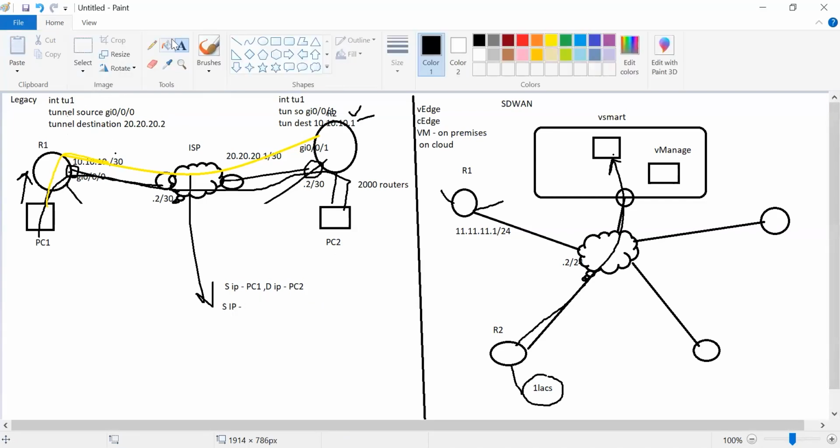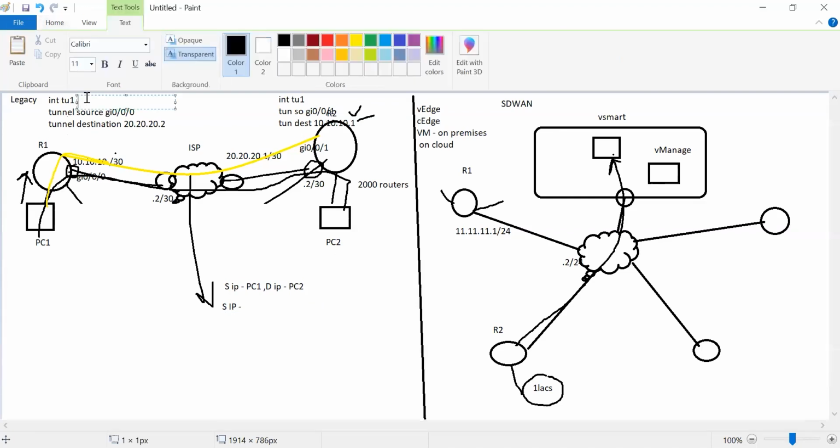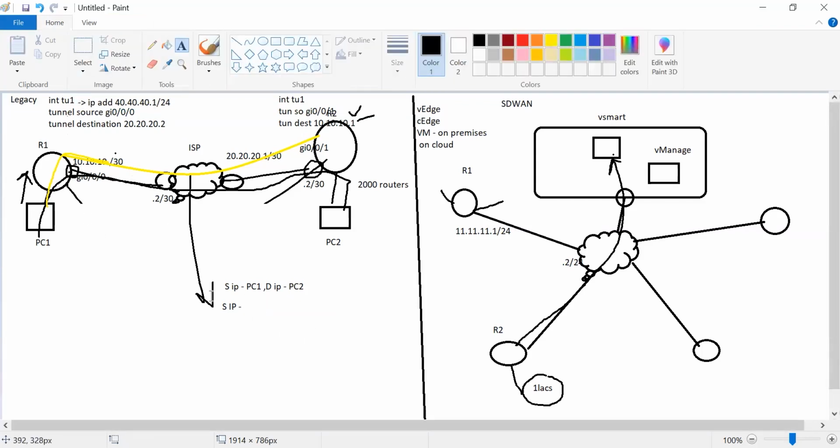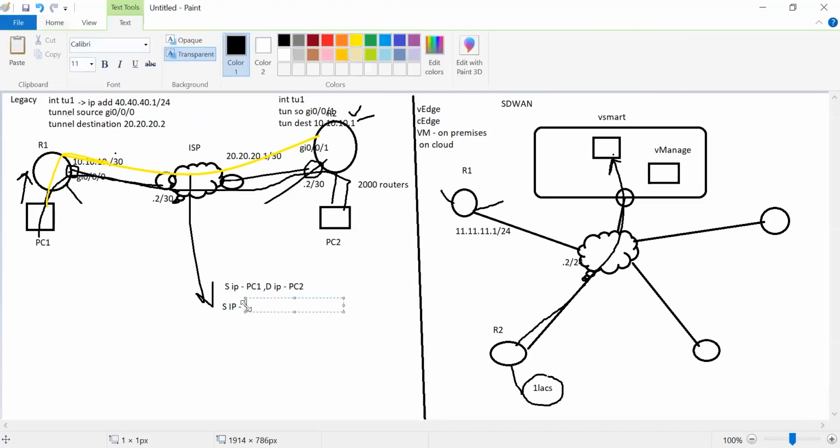We can configure an IP address on the tunnel. We need to configure, in fact, one IP address on this tunnel as well. Now the source IP, when a packet is traveling inside the tunnel, would become 40.1.